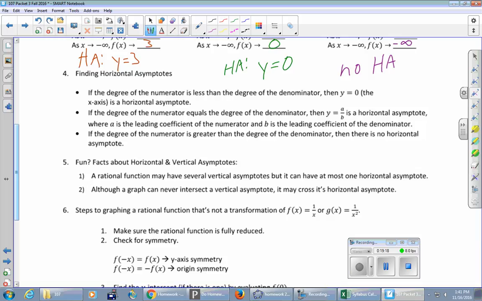So it's written here y equals a over b, where a is the leading coefficient of the numerator and b is the leading coefficient of the denominator. You just need to look at the numbers that are leading coefficients and divide. And then finally, the last case, if the numerator has a degree greater than the denominator, then when I cancel, there's still x's left on top. No asymptotes if there's x's left on top.